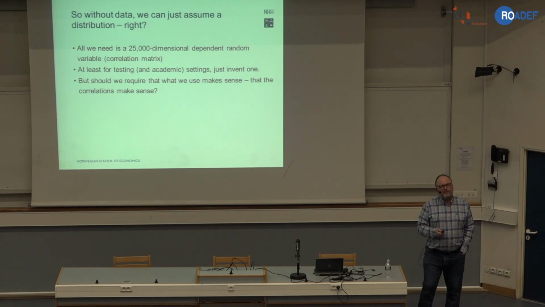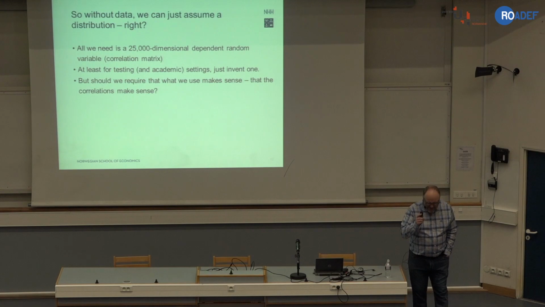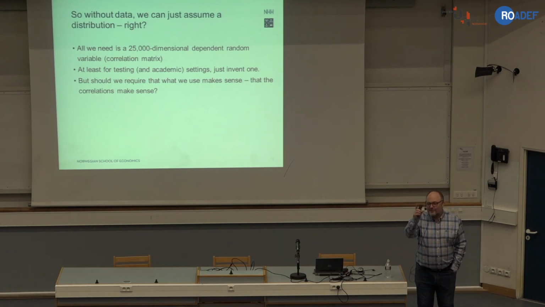Well, first, I think we want one that makes sense, right? And what do I mean by makes sense? Well, it is a correlation matrix. But if you end up with two links nearby each other in the same period with a correlation of minus 0.9, you know what's going to happen to the route, right?